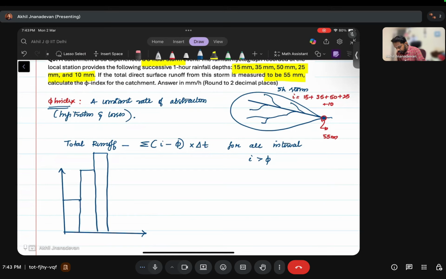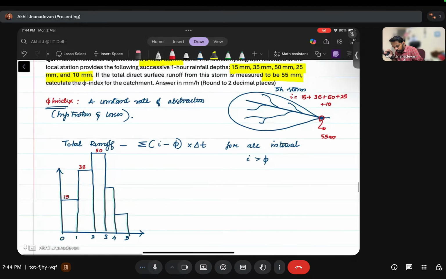So this is the rainfall hydrograph. Abstraction is nothing but a fixed rate we will assume, in 1 hour intervals. So let us assume, and these particular values I will write here. The values are 15, 35, 50, 25, and 10.